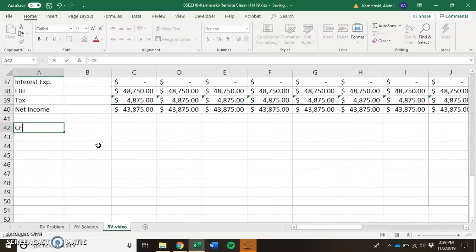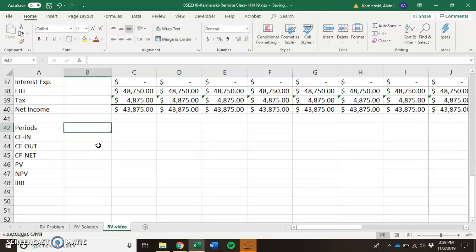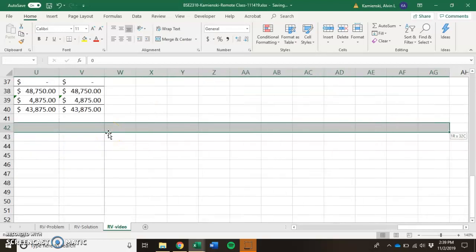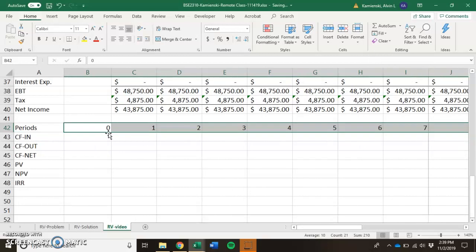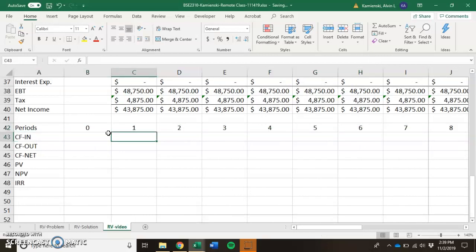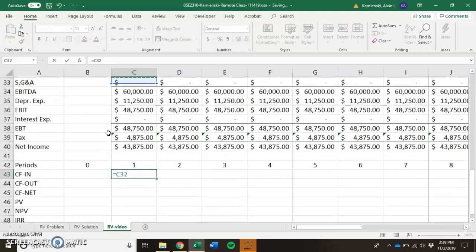Pulling together then the NPV model, cash flows in, cash flows out, cash flows net, present value, NPV, and IRR. Those also need our periods, where we start in period 0, and we're going to run out to the 20th period. So our cash flows in will be equal to the revenues.